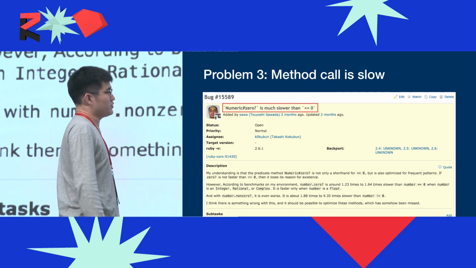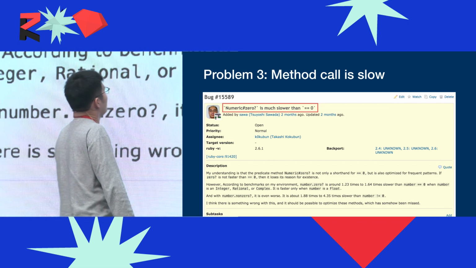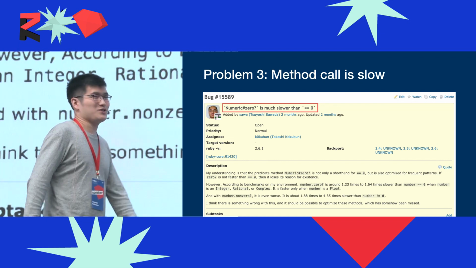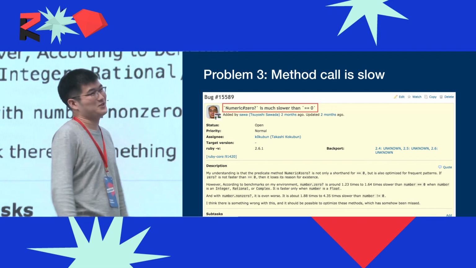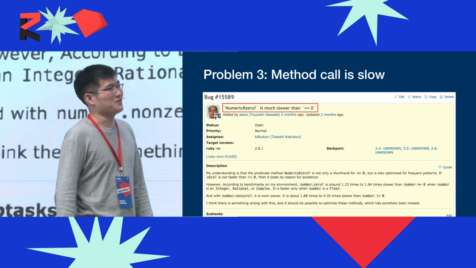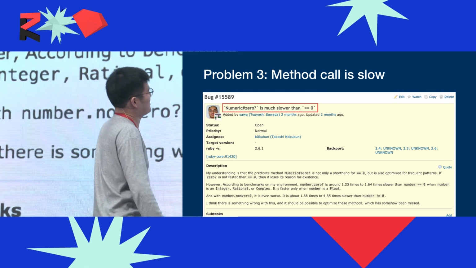An example situation is that numeric zero question is much slower than equal zero. I don't care about this at all, but this was reported as a bug.